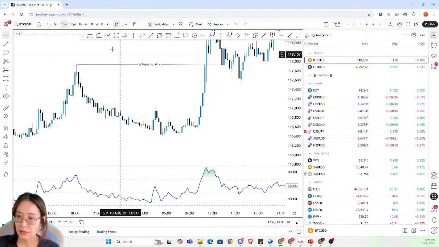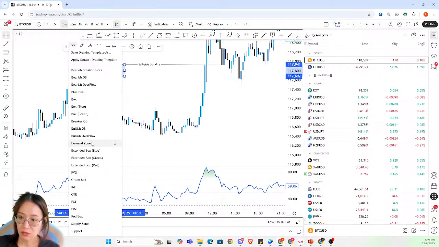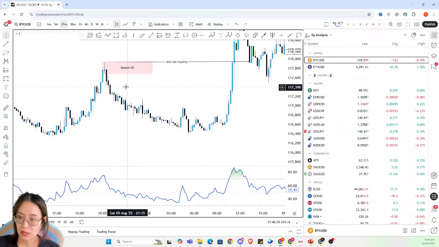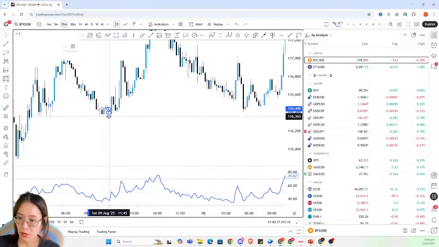For example, at this level, we would identify a bearish order block. Where is my bearish OB? Okay, because price ends with an engulfing candle.